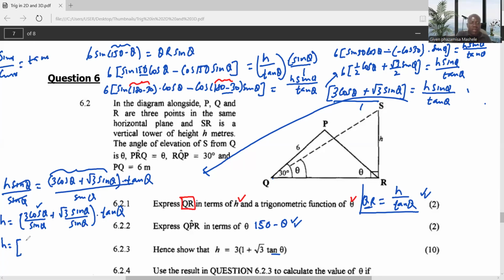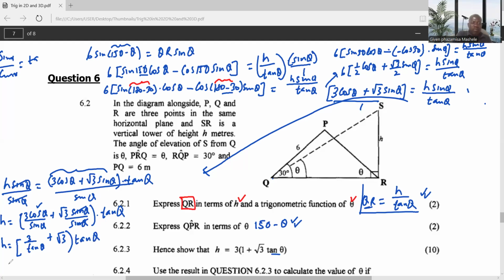So this will be 3 times 1 over tan, so it will just be 3 over tan theta. But these two will divide, so we're going to remain with root 3 into tan theta.